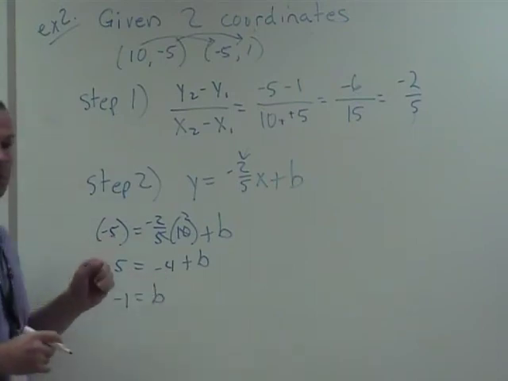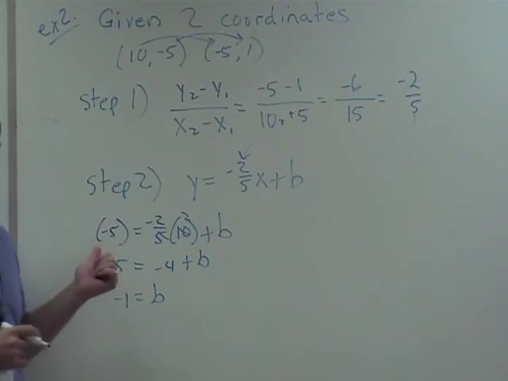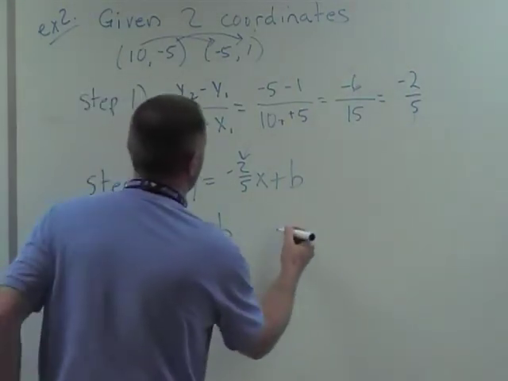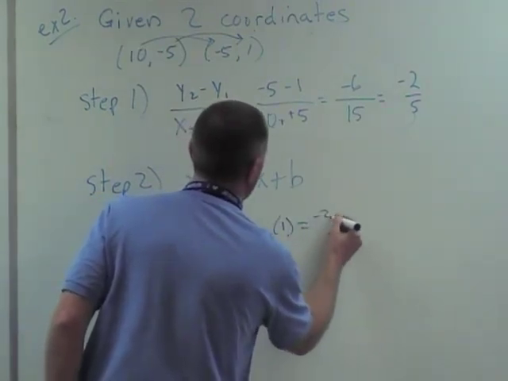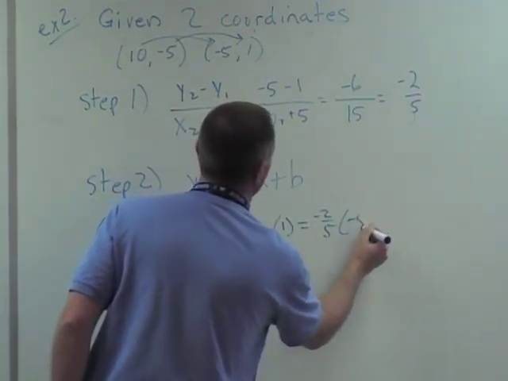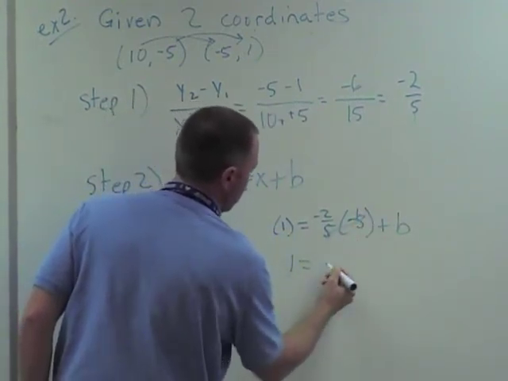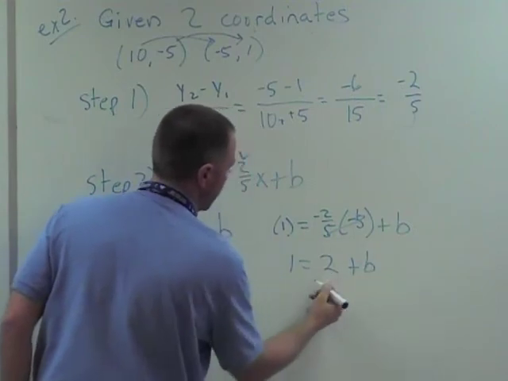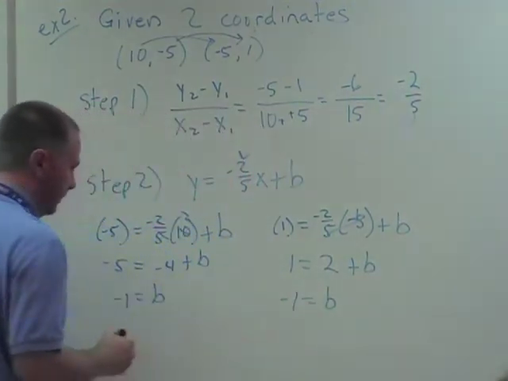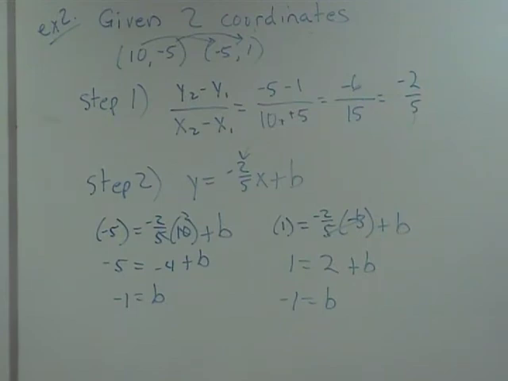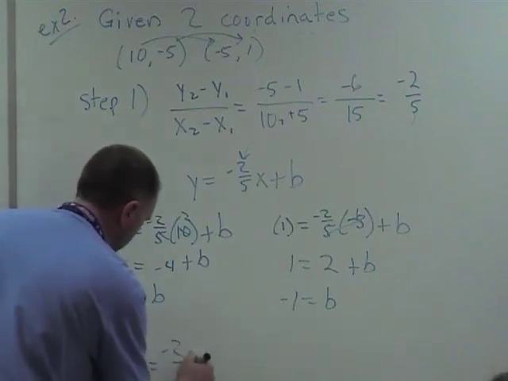Now just to show you that it doesn't matter which point you pick, as long as it's on the line, I'll do this one over here. y is 1, x is -5. 1 equals 2 plus b. Subtract 2, get -1 equals b. That was step 3. And then step 4 was rewrite the equation. Yes? y equals -2/5 x minus 1.